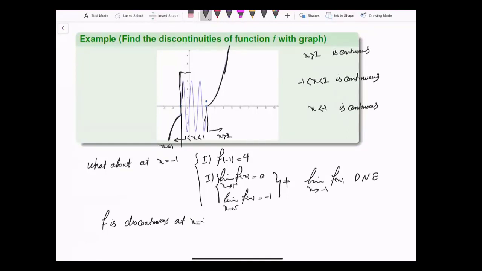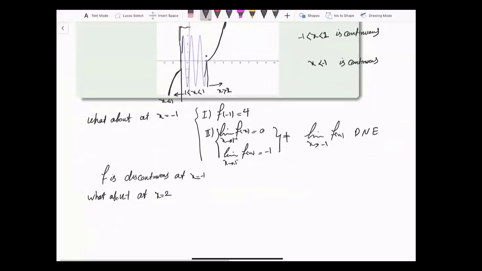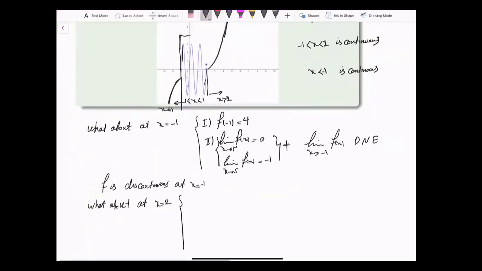So what about this point? We will need to check all three things. First of all, the value of the function at 2 is given by this, which is 1 over 2. So f at 2 is 1 over 2.